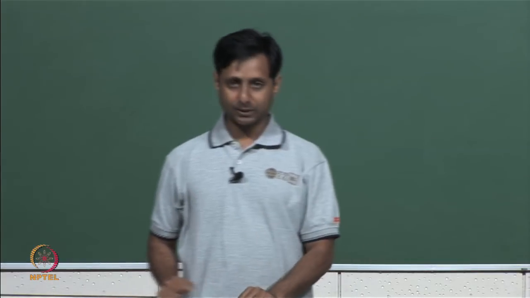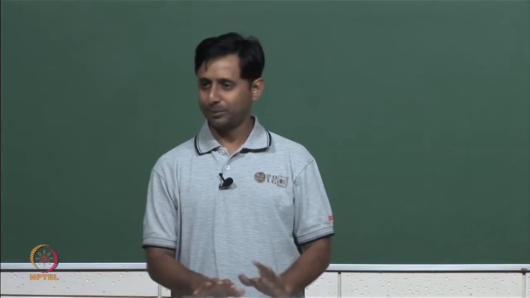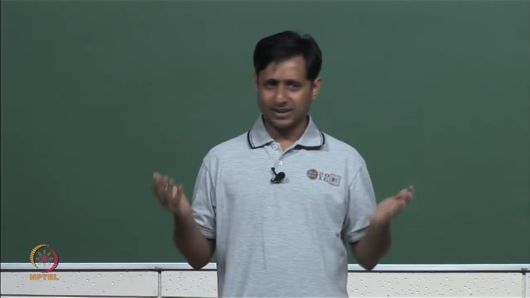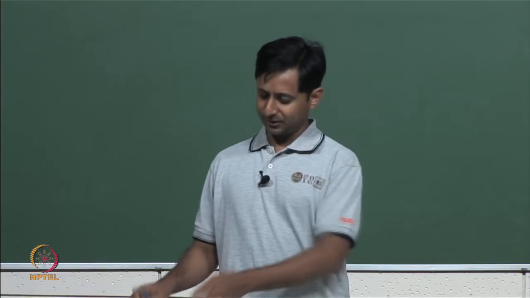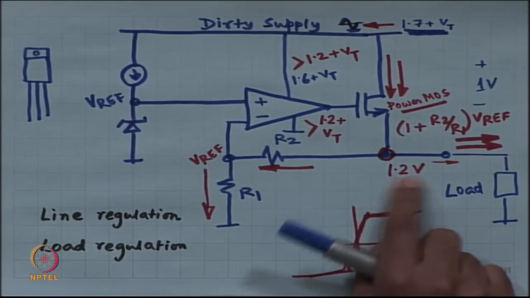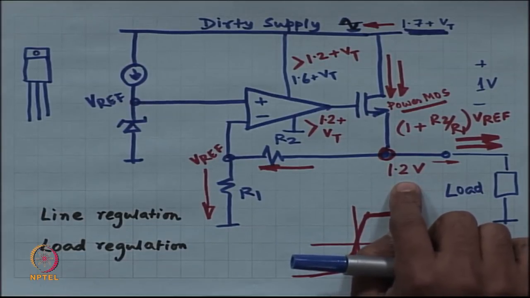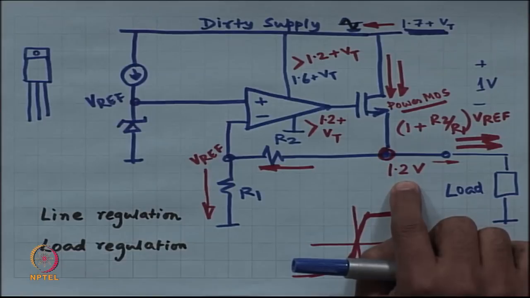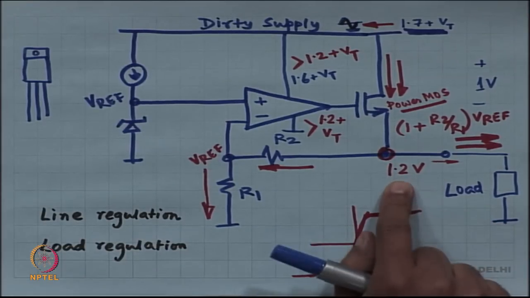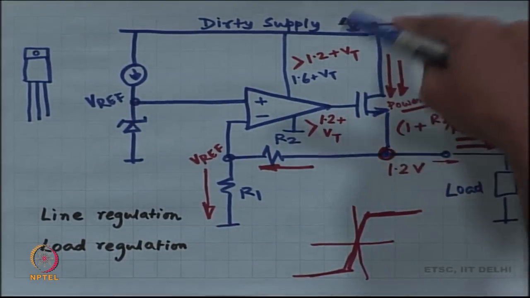There is one more approach that we can do. So, a lot of people do not like this, because of course, if the numbers are in favor, suppose I make this larger, okay, the numbers will come in favor if the power supply voltage becomes larger. Suppose instead of 1.2 volt you need to deliver 10 volts, okay, 10 volts over here, right, and add another 1 volt, 11 volt.